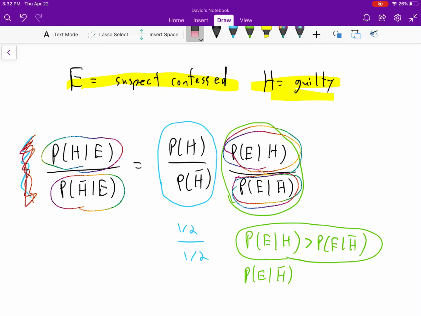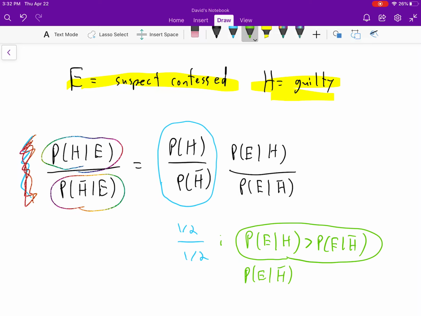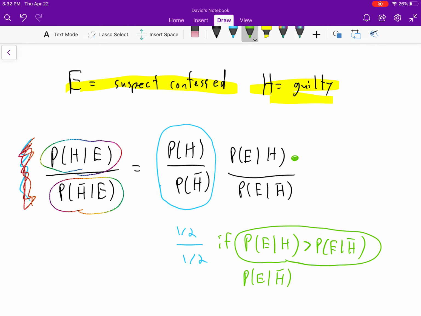All that it's really saying is, if you're more likely to see this kind of evidence from guilty people than innocent people, then you're adding more weight up here and then adding more weight up there. So you're increasing the odds of their guilt, only if you're more likely to see confessions from guilty people than innocent people.